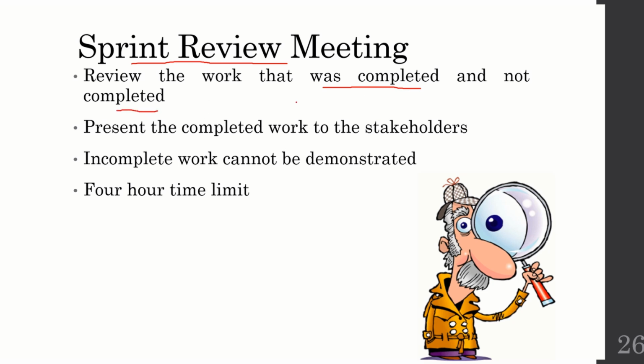That is, it will focus on the work progress and also the failures that are faced during the development. And it will present the completed work to the customers or stakeholders. Also, it cannot demonstrate the incomplete work. And it basically has a 4 hour limit.